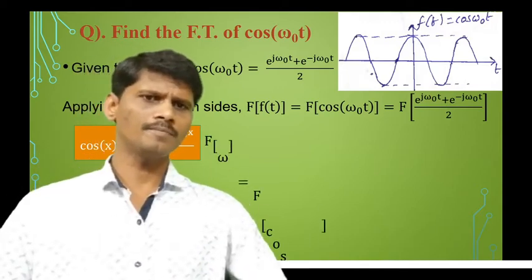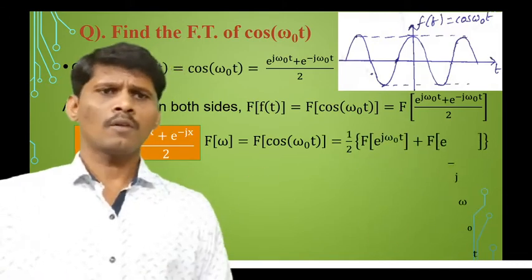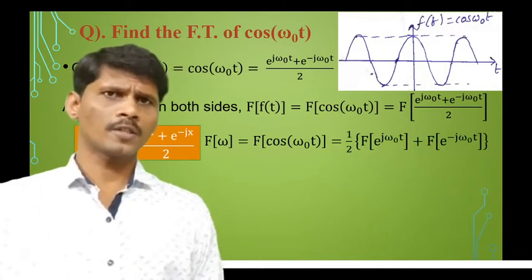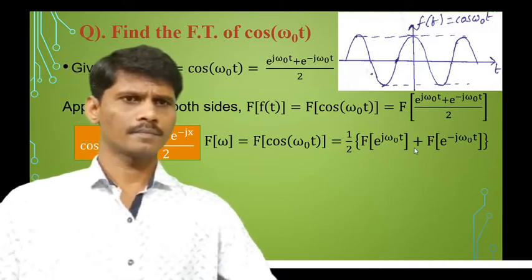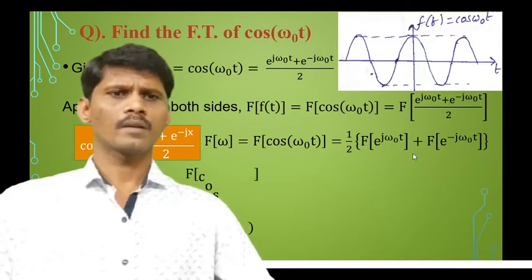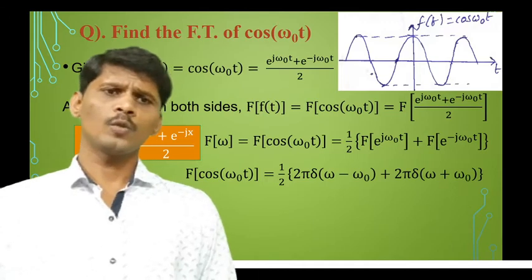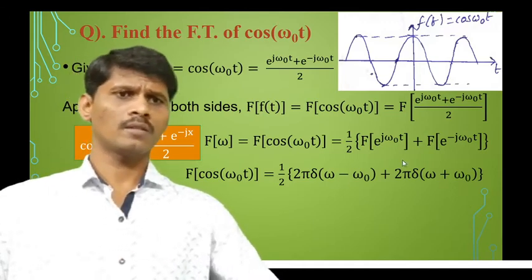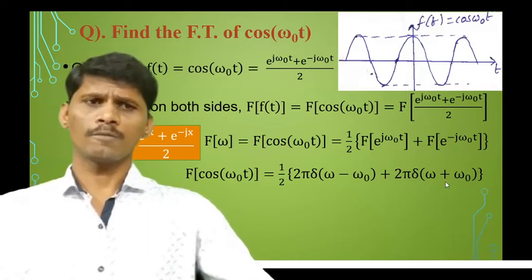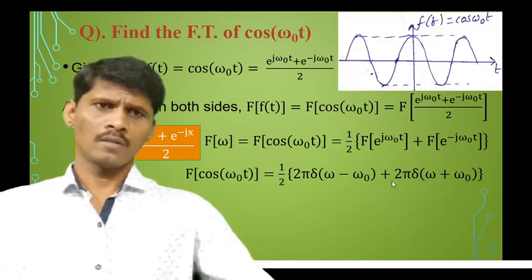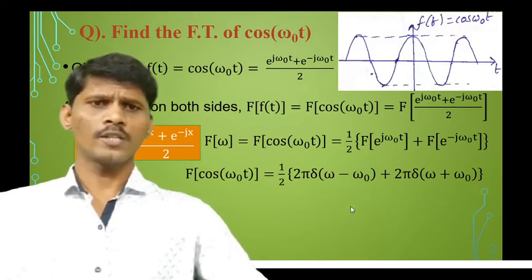After applying the Fourier transform to each term, the equation is arranged like this: the Fourier transform of e power j omega naught t is 2 pi del of omega minus omega naught, and that of e power minus j omega naught t is 2 pi del of omega plus omega naught. In both terms 2 pi is common, so the 2 in numerator and denominator cancels.